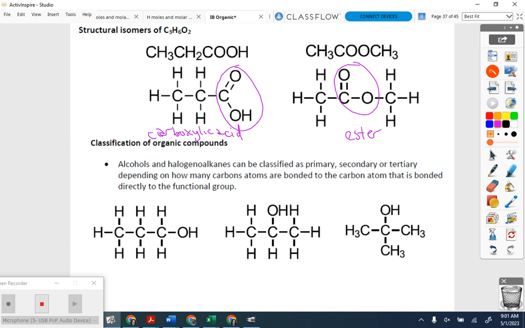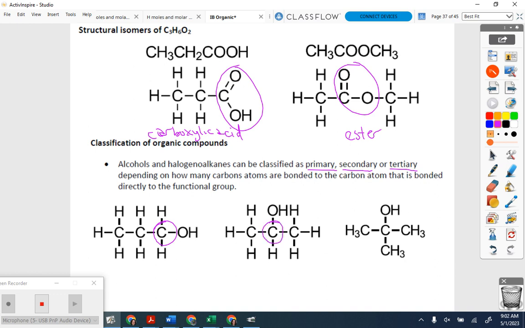They can be in the middle, they can be on the end, they can be in any place replacing a hydrogen, no matter what. So we classify them as primary, secondary, or tertiary, depending on where they are, depending on how many carbon atoms are bonded to the carbon atom that's bonded to the functional group. That's a lot of words. Basically, you look at, okay, here's the alcohol, here's the carbon that it's bonded to.